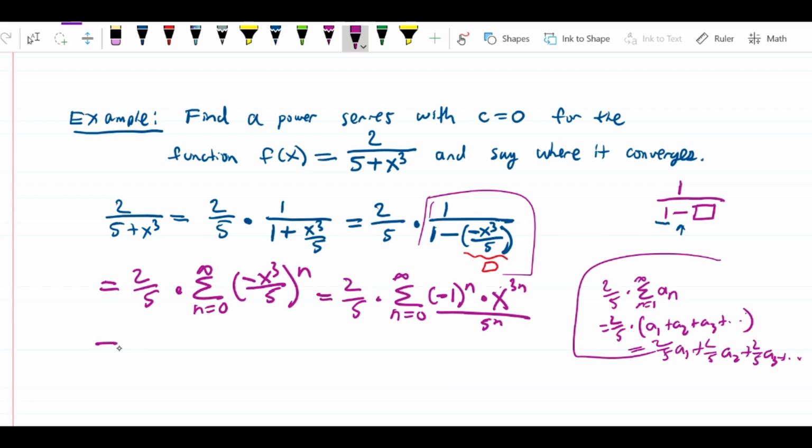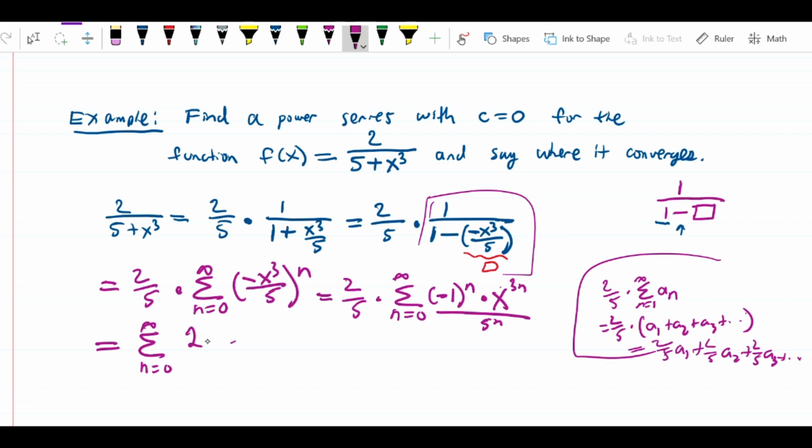So a simplification that I can do here is to bring that 2/5 inside, or at least it makes it a little bit cleaner. So that's going to be the sum from n equals 0 to infinity of, this is going to be negative 1 to the n, or actually let's put the constant term outside.